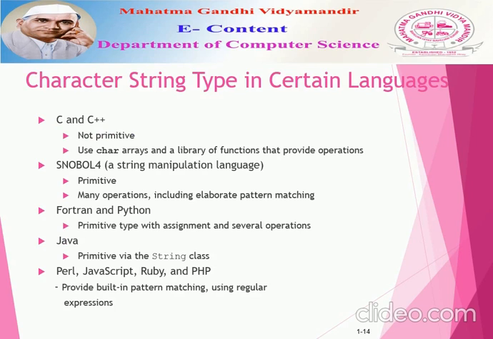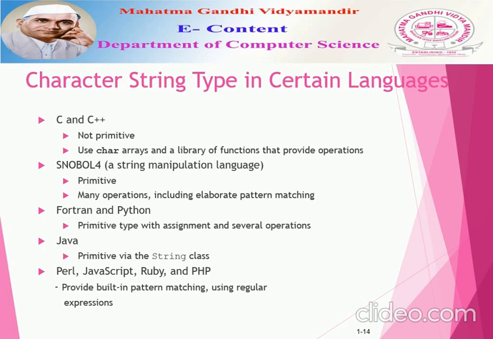So character string type in certain languages: in C and C++, it is not primitive. So for that we have to use char arrays and a library of functions that provide the operations. Okay. Then SNOBOL4, it is a primitive one, and many operations including elaborate pattern matching are there.